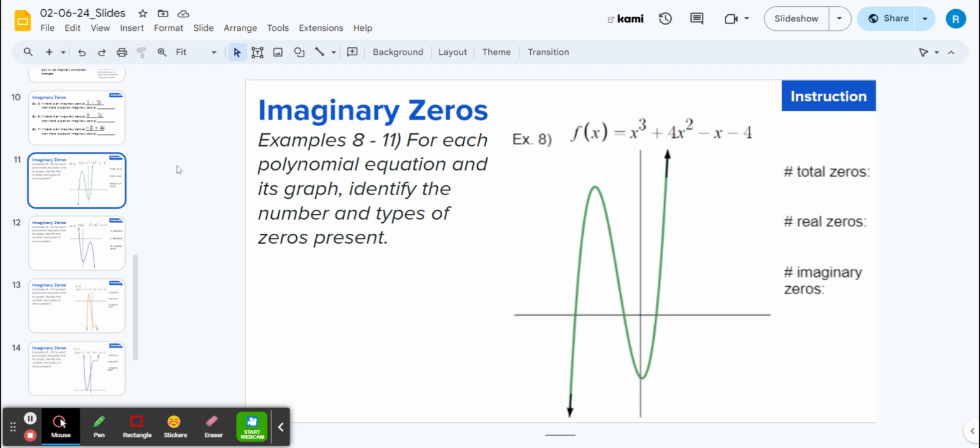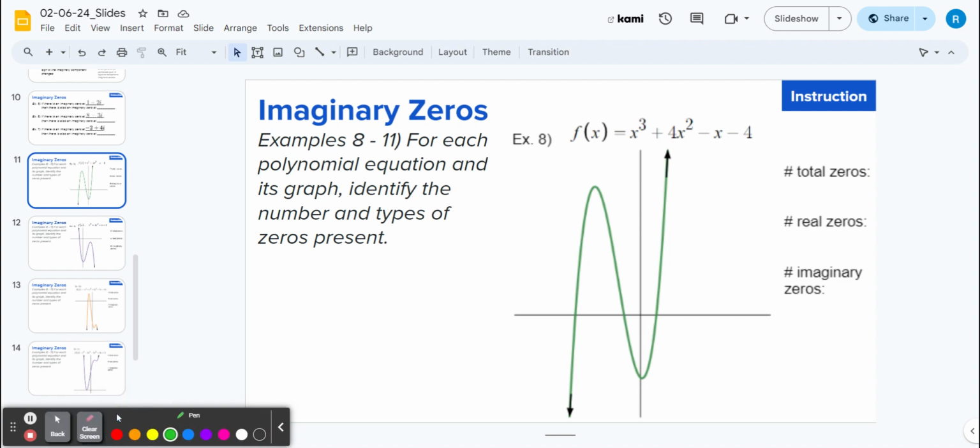So, for each of these polynomial equations and their graphs, we are going to identify the number and types of zeros present. Starting with example 8, we'll build the complexity in 9, 10, and 11. Basically, we're going to do this by listing out what we know.